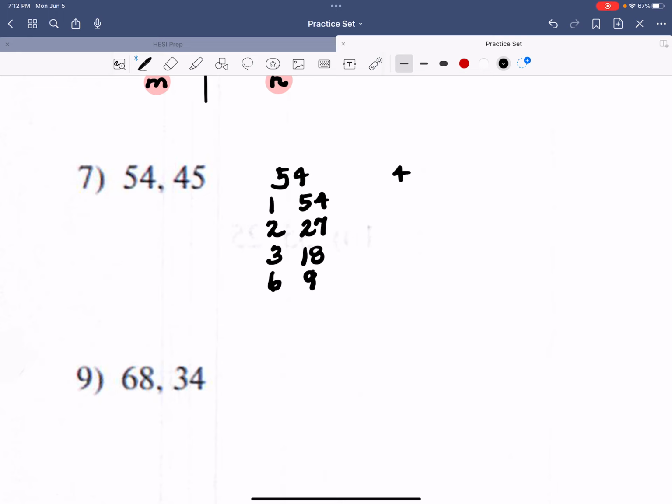And then the 45. We have 1 and 45. 3 and 15. 5 and 9. And then we're ready to find commons. So we have a 3. We have a 9. And that looks like all. So I'm going to say the greatest common factor is the 9.